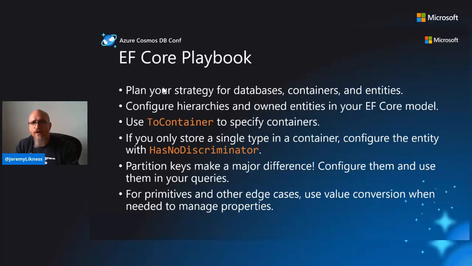If you query for just pets, it will implicitly insert the query necessary to only load that discriminator of pets. However, there is overhead in tagging that discriminator and adding it to queries. So if you're only storing one entity type in a container, you can tell it to have no discriminator and it won't track that. Partition keys are huge. We're going to see how they map into Entity Framework Core. And there are edge cases you'll run into that most of them can be solved through value conversion.